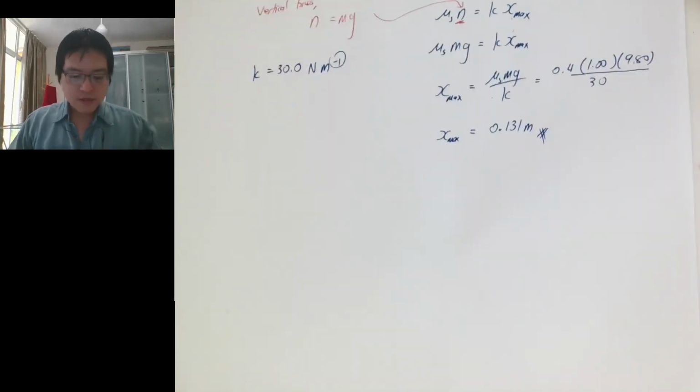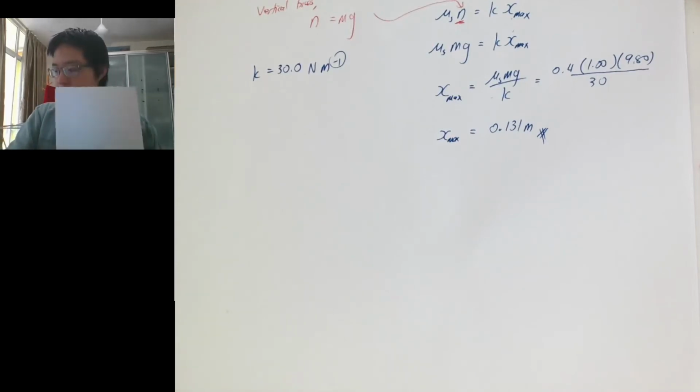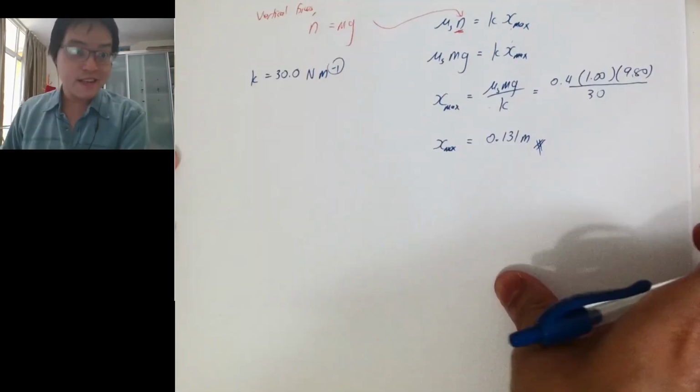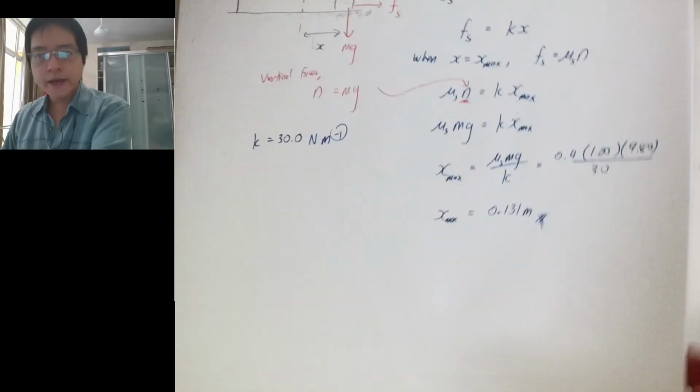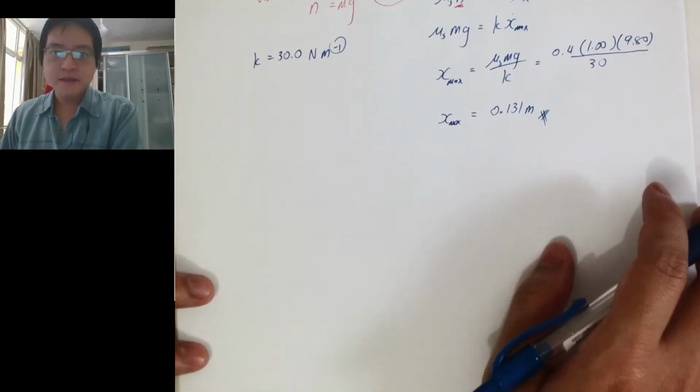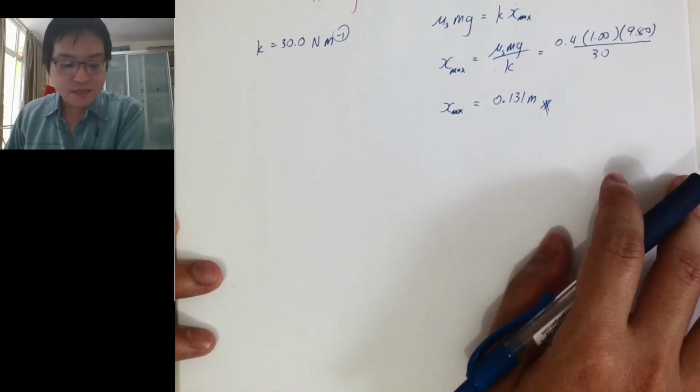Okay, so that was the final example involving static friction. Now we want to go to kinetic friction. Kinetic friction is the opposite of static. That means there is relative motion.